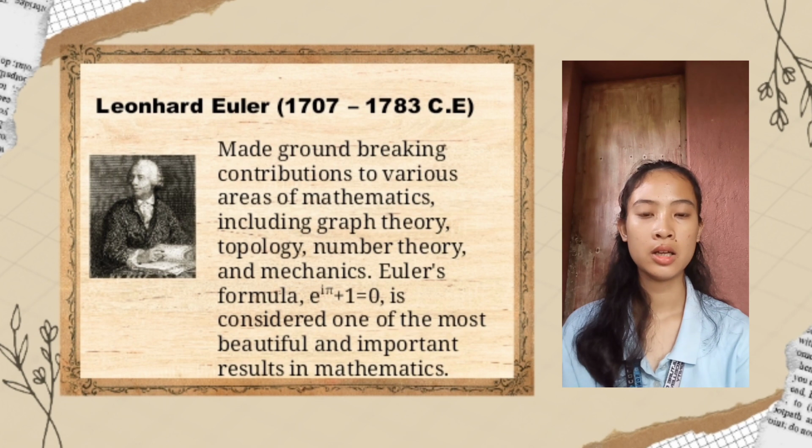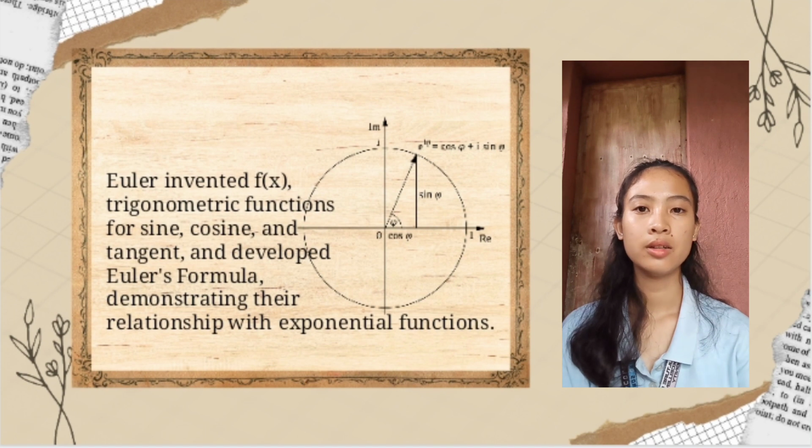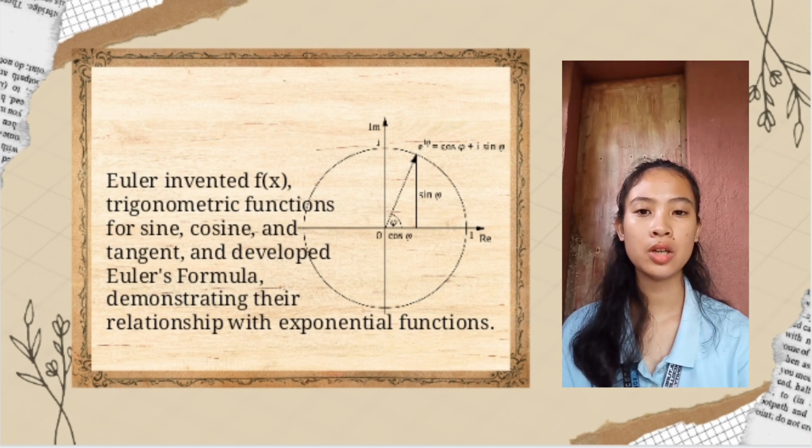Euler's formula, e to the power of i multiplied by pi, plus 1 equals 0, is considered one of the most beautiful and important results in mathematics. Euler introduced function notation f(x) and the trigonometric functions sine, cosine, and tangent, and developed Euler's formula demonstrating the relationship with the exponential function.